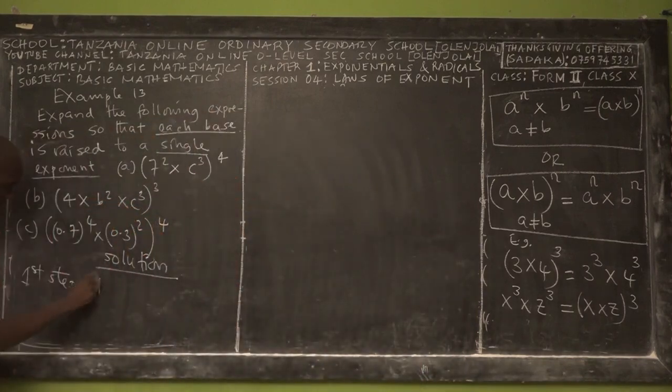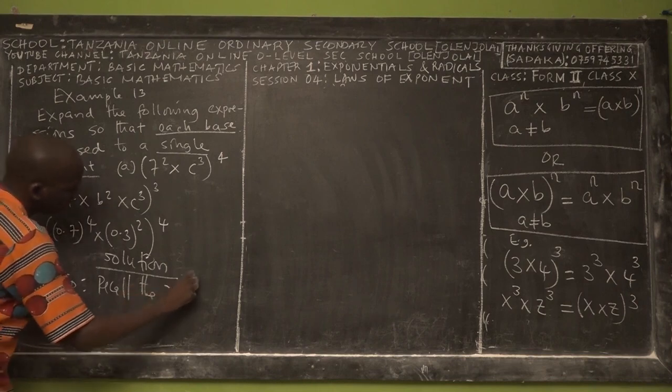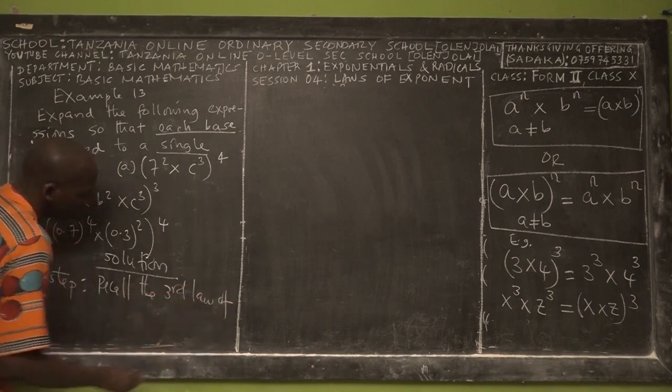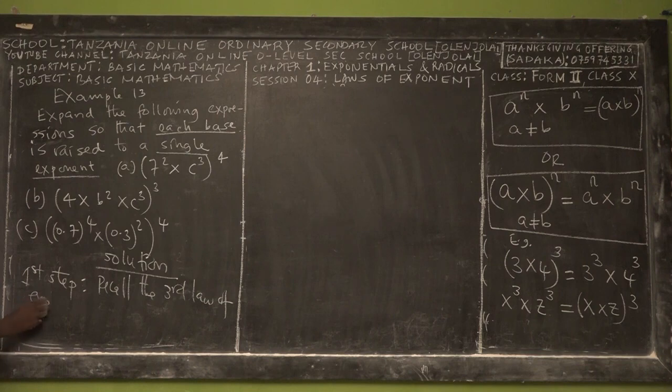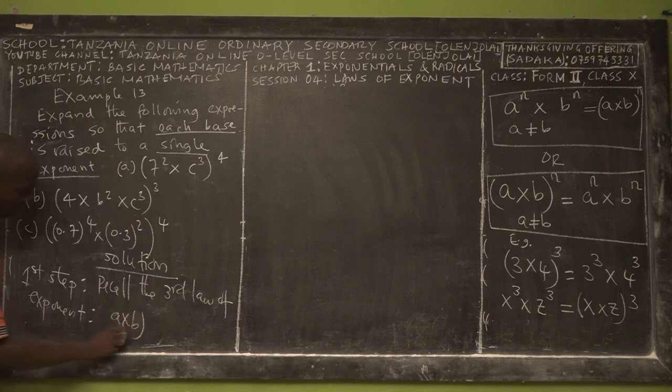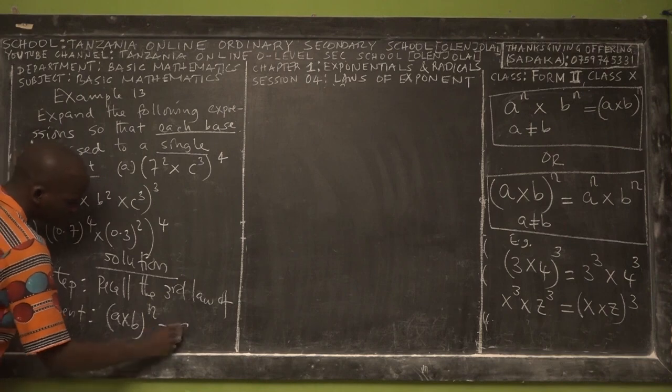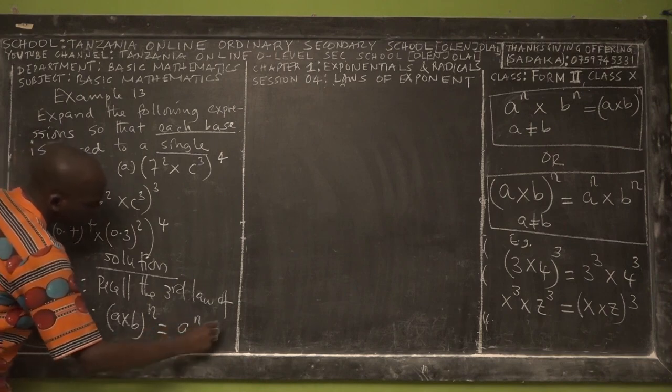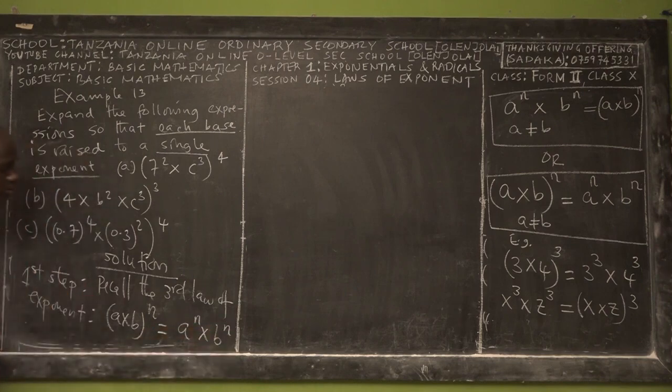So you have to recall the said law of exponent. How does it state? It states that if you have (a times b) power n, it is equal to a power n times b power n.